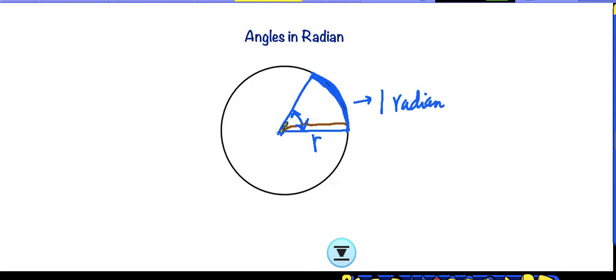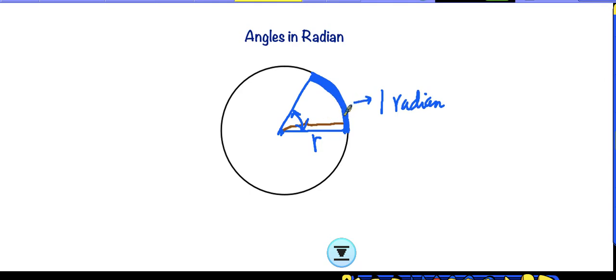Just because I use the length of the radius, you can imagine I cut off the ribbon, and the ribbon's length is the same as the radius, and I attach it to the circle around this piece. This is exactly one slice you can consider. This arc covers the space here, and we call it 1 radian.